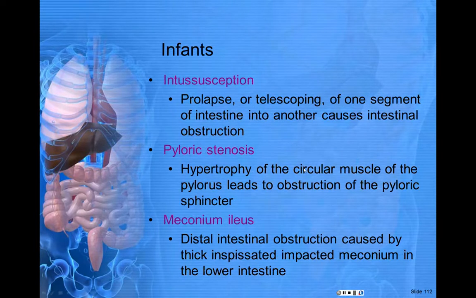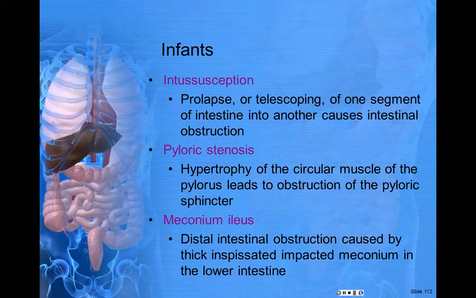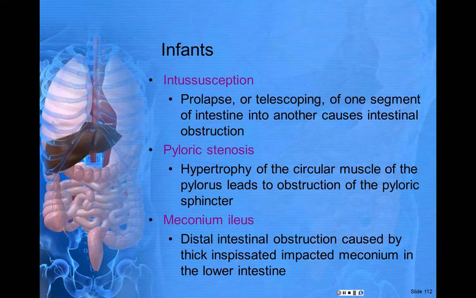In infants, intussusception is one that we want to be evaluating for. We can have prolapse or telescoping of one segment of intestine into another, which causes an obstruction. That's called intussusception. Then we have pyloric stenosis.